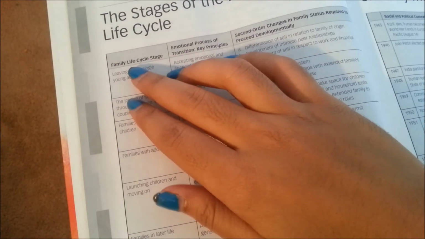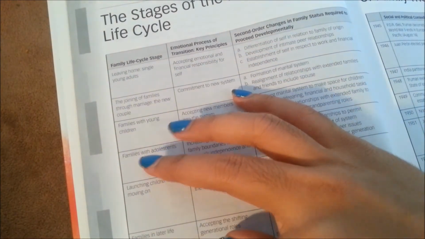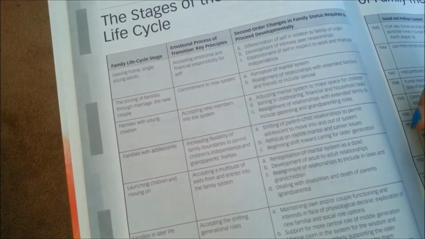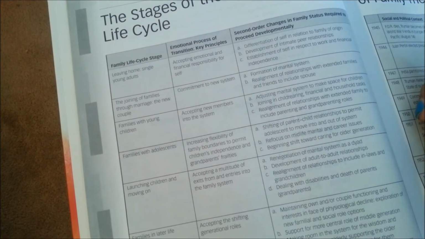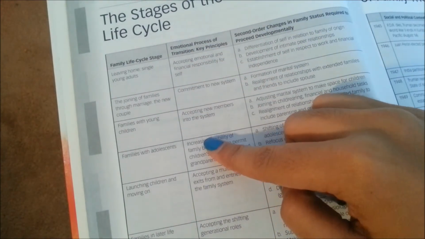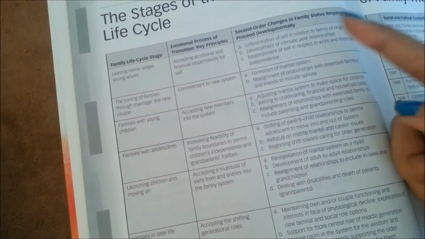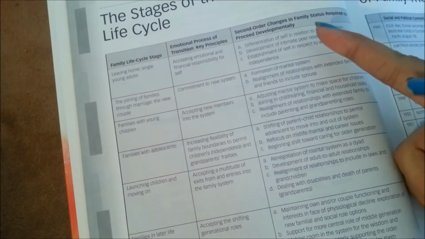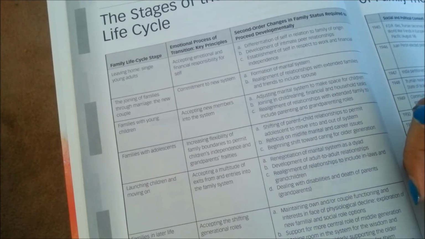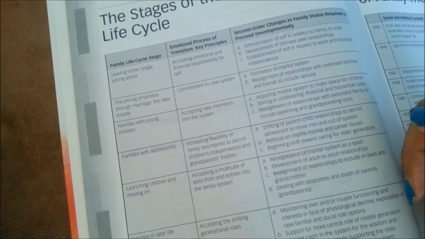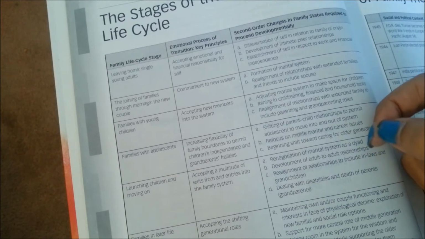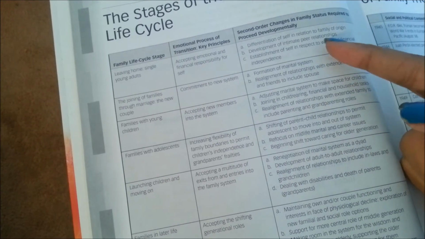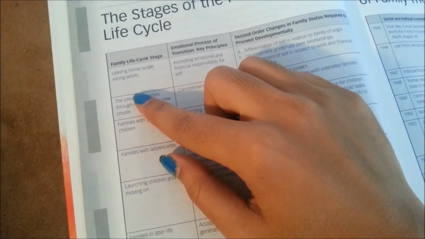It shows you the different stages of a person's life in relation to their family, then the emotional process of transition, and then some second order changes within the family and the person that are related changes, I guess. I'll explain it a little bit better as we go along.